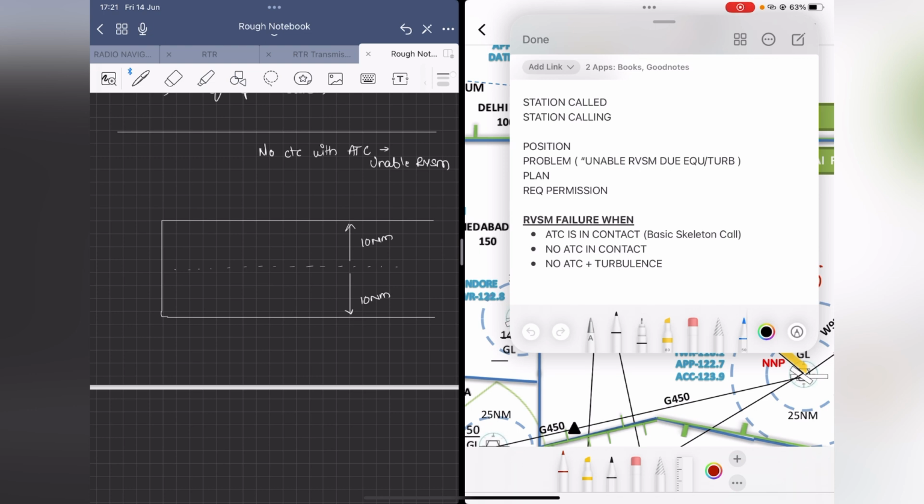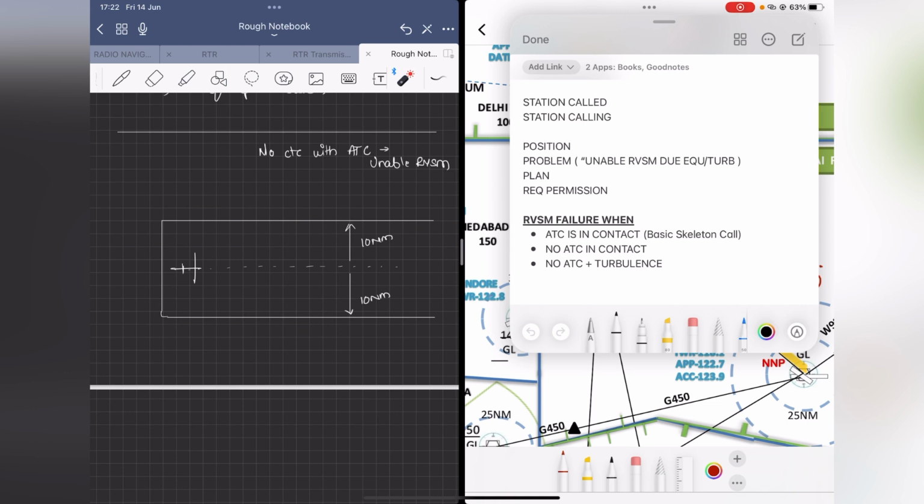And I'm an aircraft here. Now, very important, if ATC is not in contact and I also cannot be on this air route because there are other aircraft within this stretch of highway, within this portion, there are other aircraft also. So I don't want to pose a risk to them.